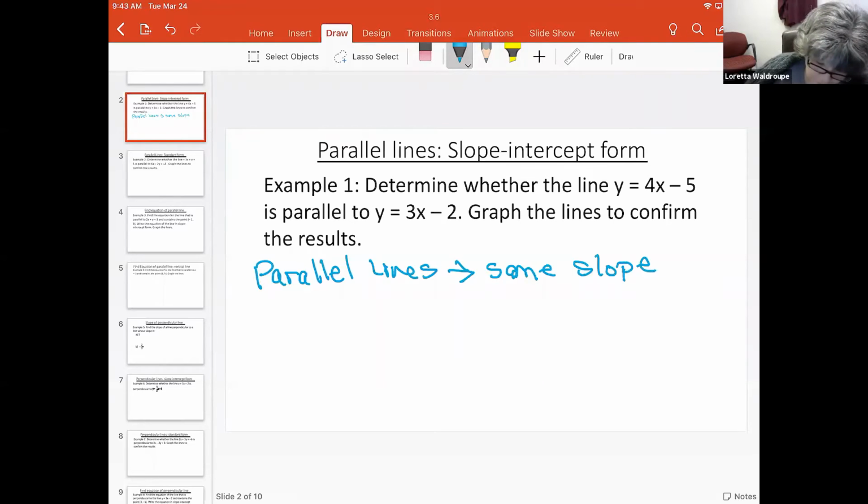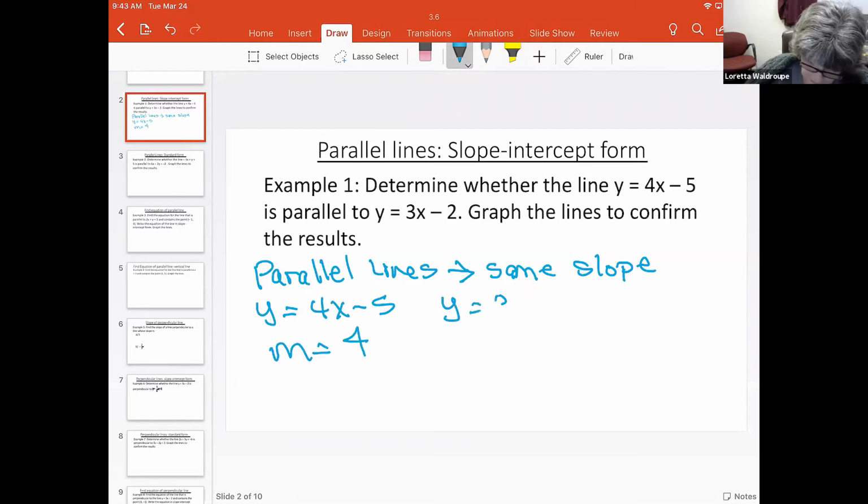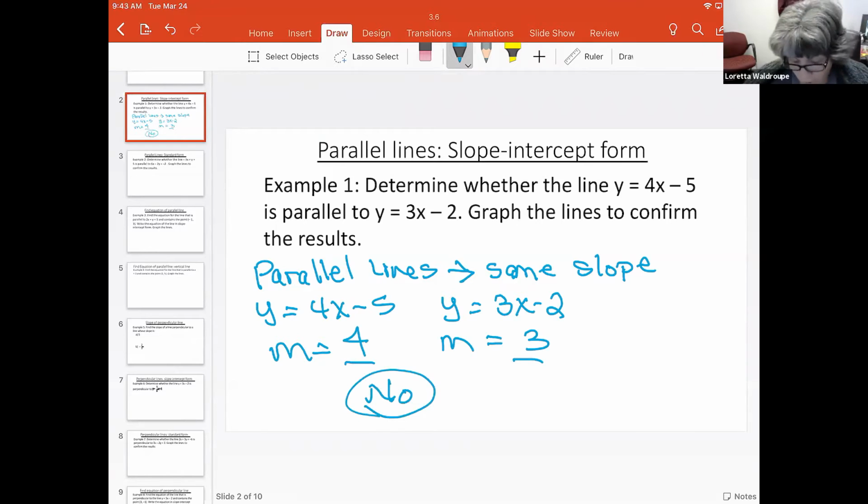So looking at the first line, y equals 4x minus 5, my slope is 4. Looking at the second line, y equals 3x minus 2, my slope is 3. Since these are not the same, then no, these two lines are not parallel.